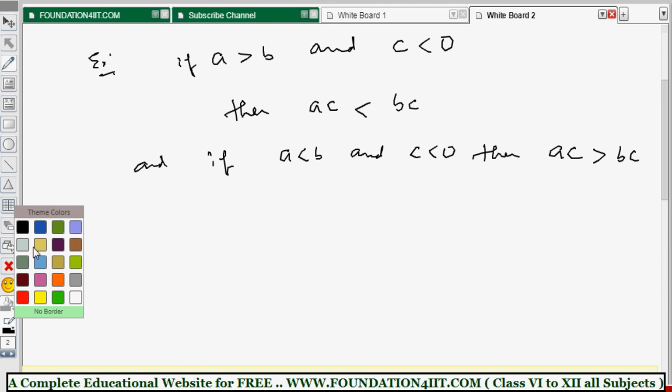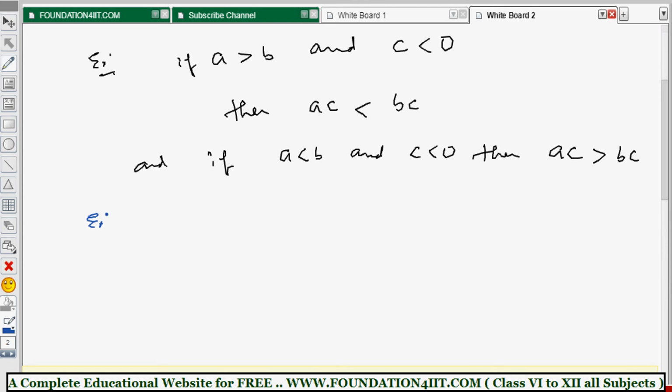So let's see the example now. I am taking first a is greater than b. Now take 3 is greater than 1. Okay, 3 is greater than 1, we know it. Now take one number that should be less than 0. So I am taking minus 2.